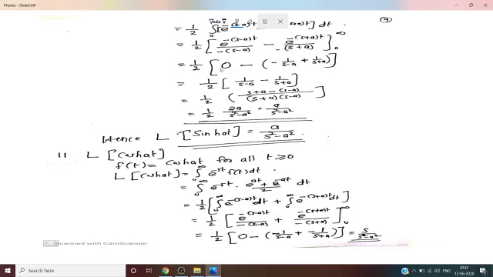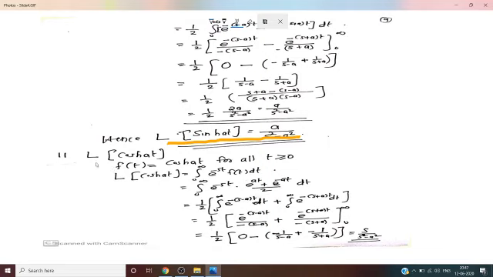That is equal to 1 by 2 into 0 minus. When we give 0 to t, we get here 1 by minus s minus a, and here you will get minus 1 by s plus a. Then we get 1 by 2 into 2a by s square minus a square. That is a by s square minus a square. That is, Laplace transform of sinh at equal to a by s square minus a square.